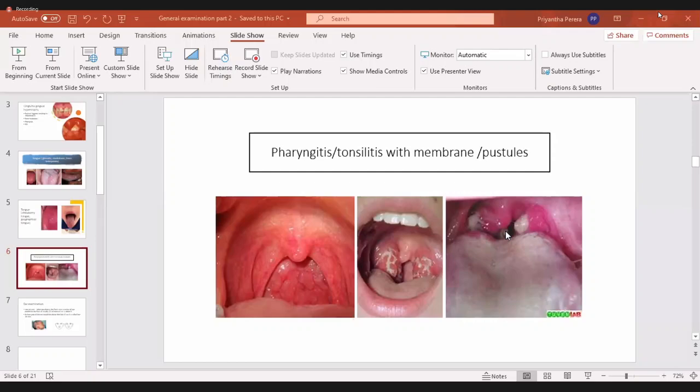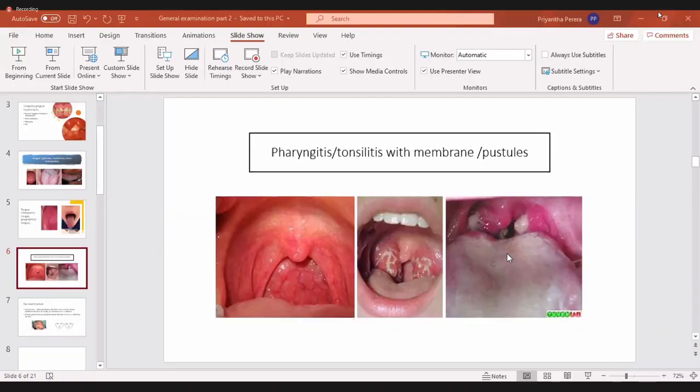Streptococcus sore throat leads to what afterwards? Any condition you can remember? Rheumatic fever, right? Rheumatic fever and acute glomerular nephritis, as an immunological mechanism, not directly. So it's an important infection, especially in children.